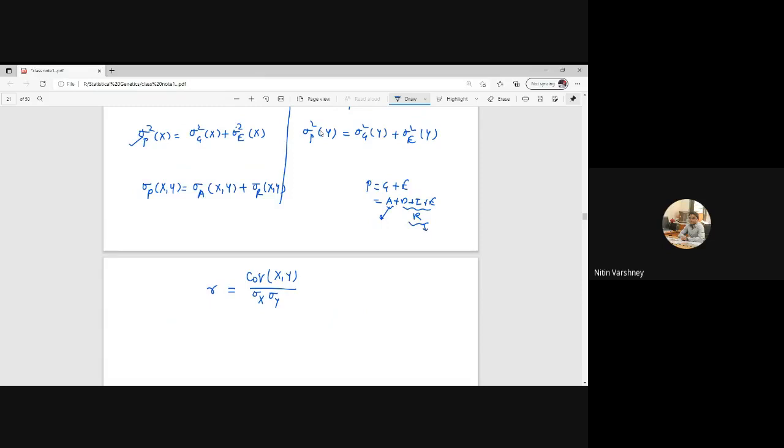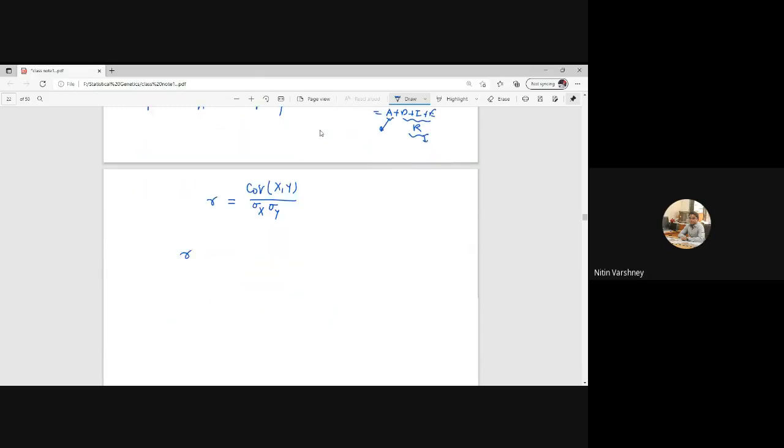So R I am taking as a covariance. Now if I write Rg, that is genetic correlation, Rg is equal to sigma g x y upon sigma g x sigma g y. Similarly, if I write Rp, this will be sigma p x comma y upon sigma p x sigma p y. Simple, same formula, just we have to change the subscripts.